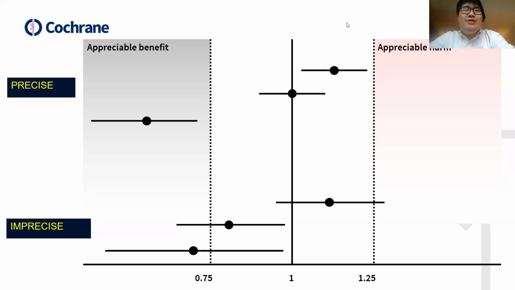I don't believe even the GRADE working group suggests to do this. There are cases where protocols do specify minimally important differences. I've not seen one myself, but when you're working alongside a guideline panel, for example, they might set thresholds for you. So you should take that into account.